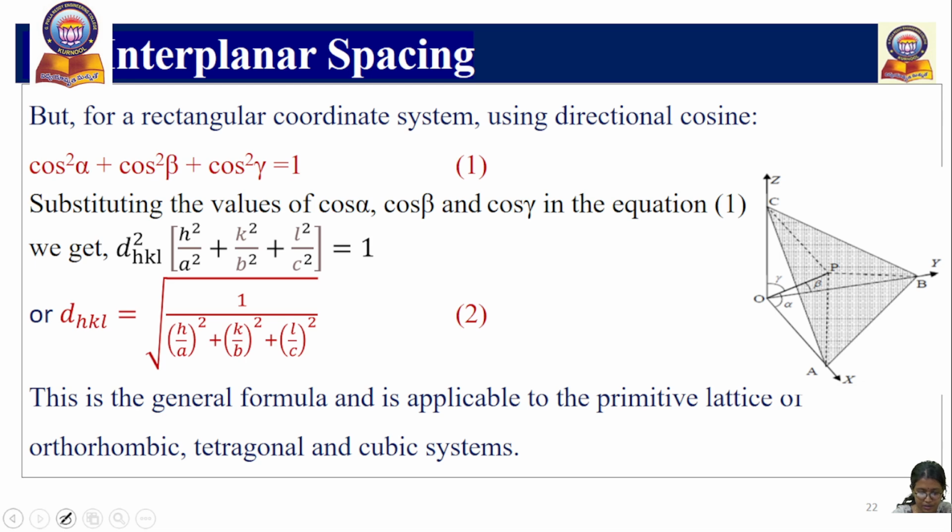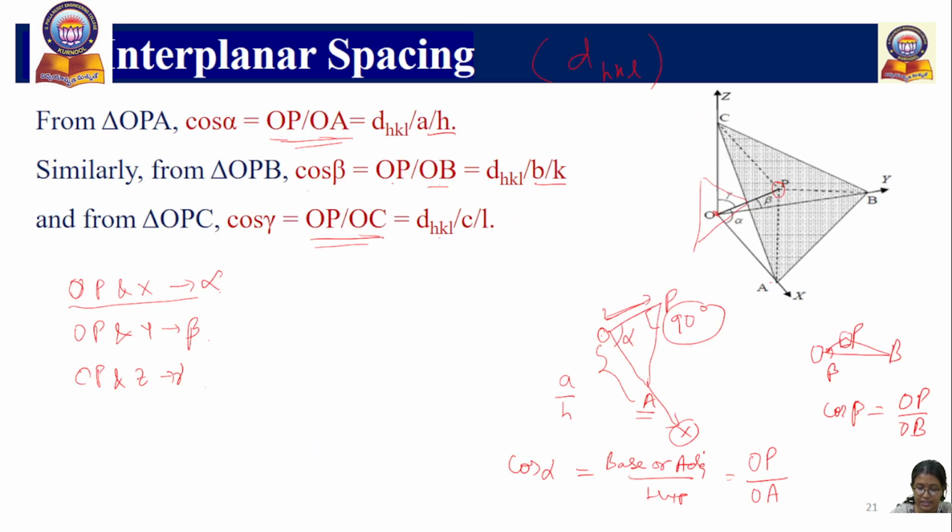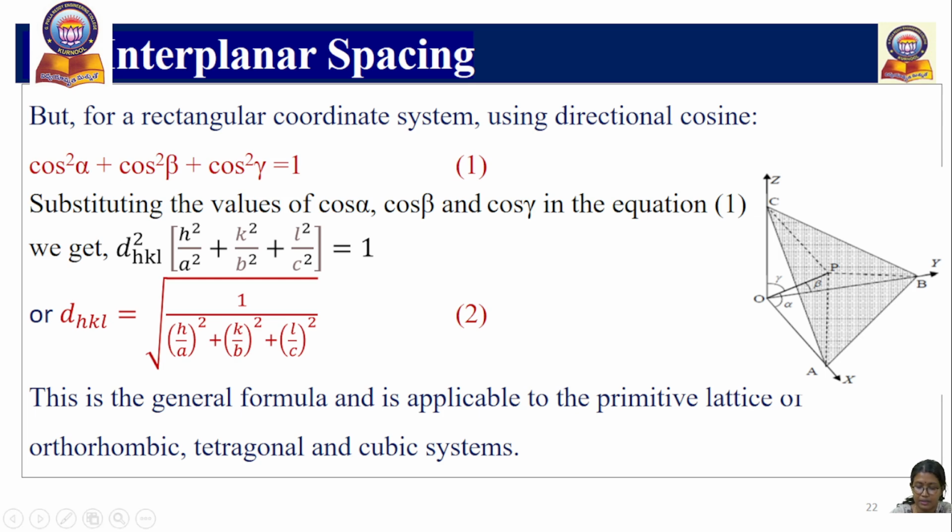Now if we do this, we get the values of cos alpha, cos beta, cos gamma. Maybe in class 10 or so you have studied directional cosines. Since they originate from the same point, cos square alpha plus cos square beta plus cos square gamma should give you 1. This is the law of direction cosines.